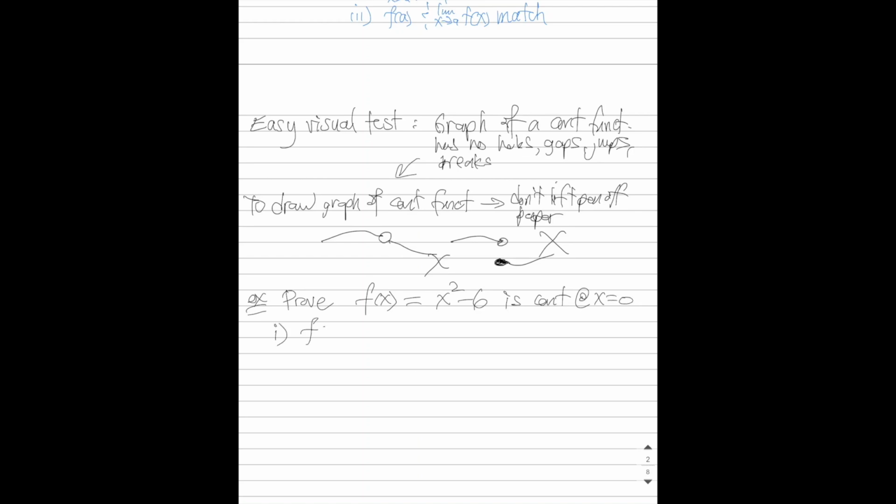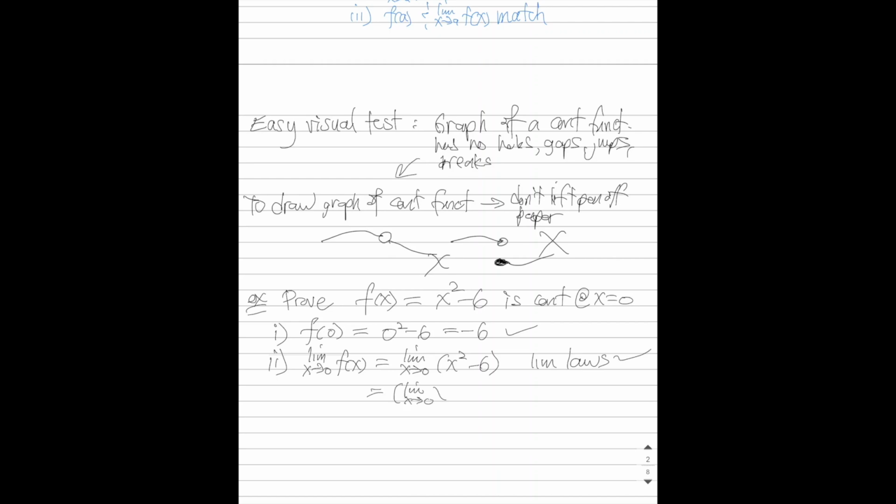So number one, we need to show that the function has a value. It does. Number two, I need to show that the limit of this function exists as I approach 0. This is a very simple function. There are no possibilities for 0 in the bottom, so I can use the limit laws right away.